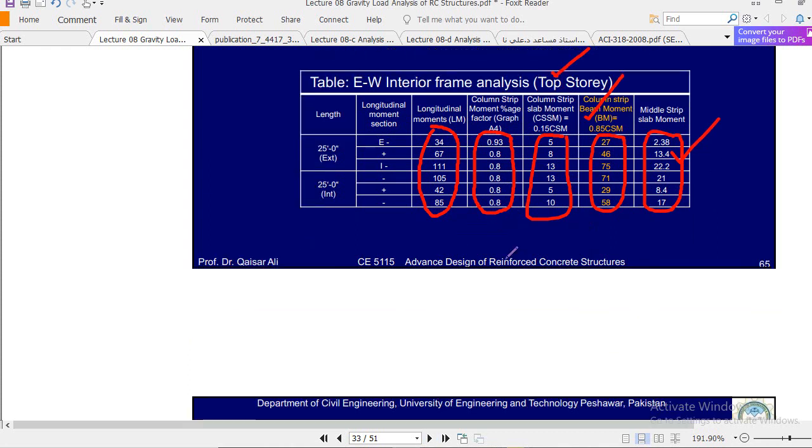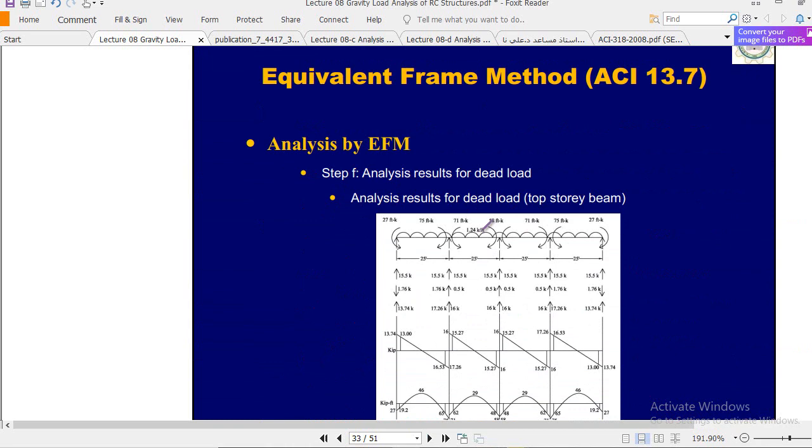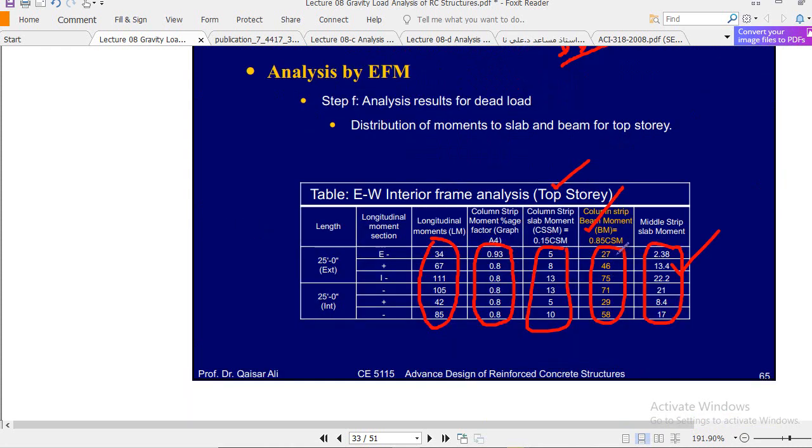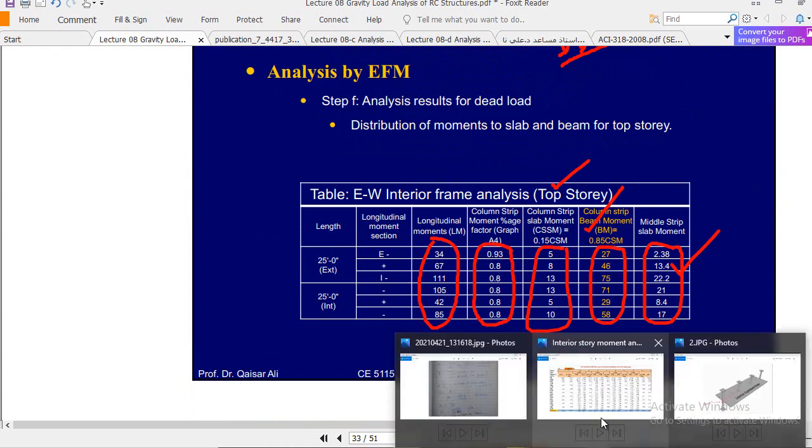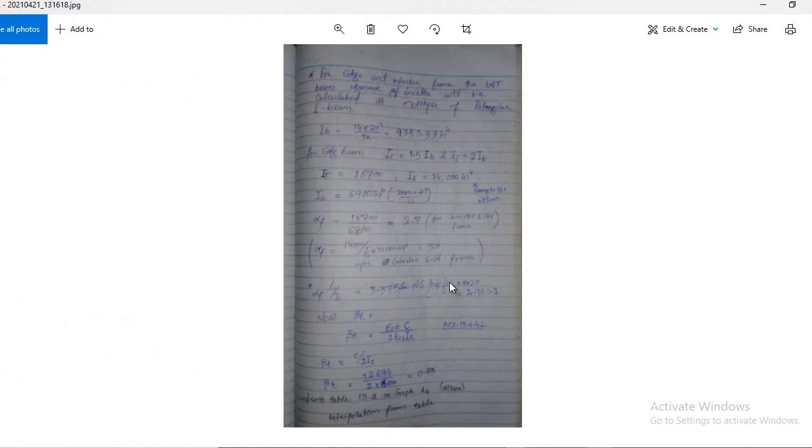I will now explain the procedure for the beam. So you see here 27, 75, 71, 58, these moments were chosen from these moments at their locations. Let me show you my notes here.